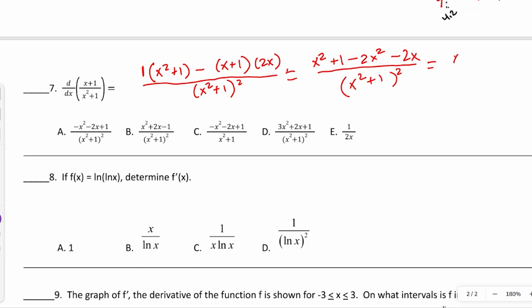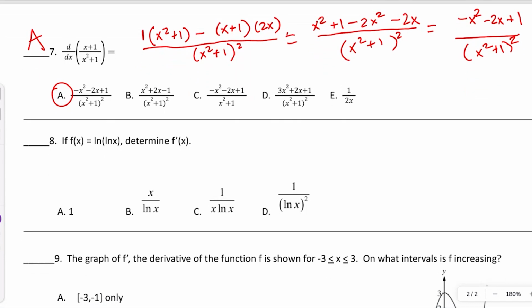That equals x squared minus 2x squared, which is negative x squared, minus 2x plus 1 over x squared plus 1 squared. Looking through my answer choices, I see my answer here is A.